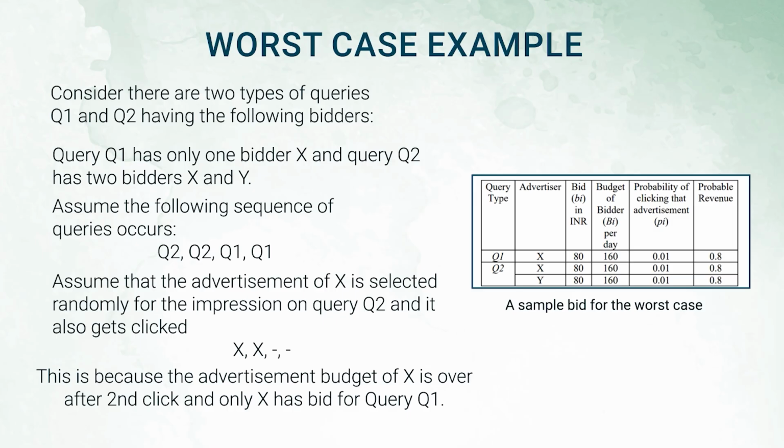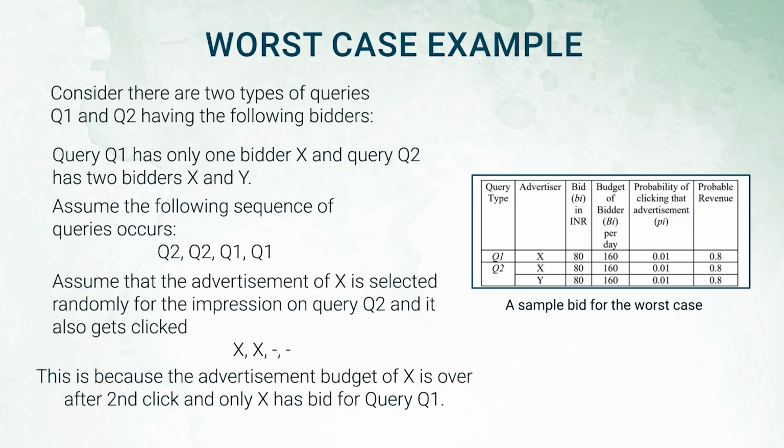Now assume the following sequence of queries occurs: Q1, Q1, Q2 and Q2. So assume that the advertisement of X is selected randomly for the impression on the query Q2 and it also gets clicked. So 2 times Q2 has occurred, and X has been selected. Now for the query Q1, there is no bidder because X's budget for that particular day is over.